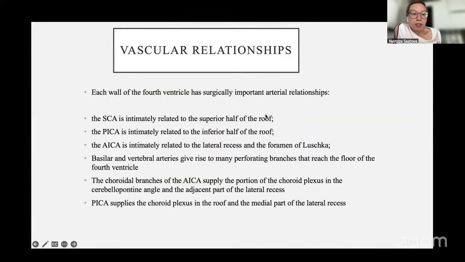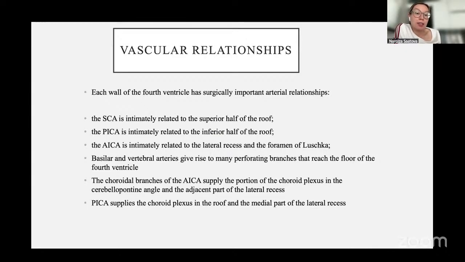The vascular relationship: each wall of the fourth ventricle has surgically important arterial relationships. The superior cerebellar artery is intimately related to the superior half of the roof. The PICA is intimately related to the inferior half of the roof.